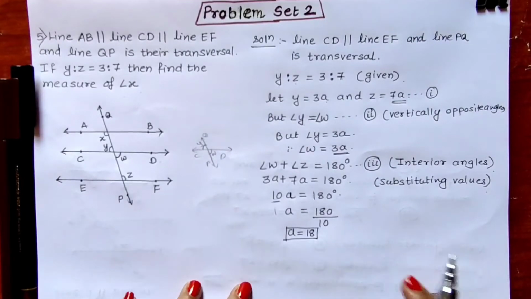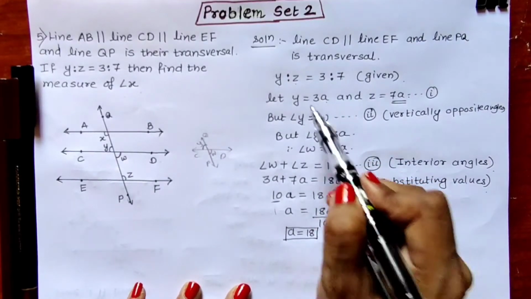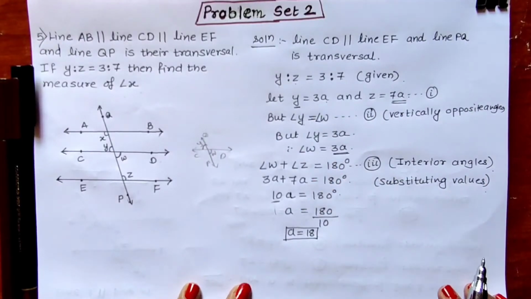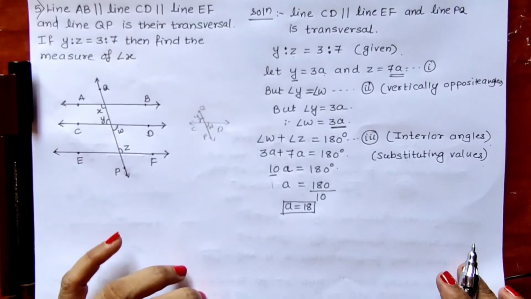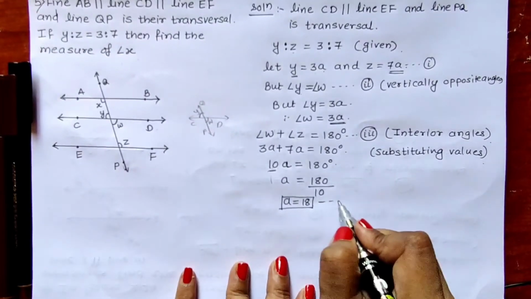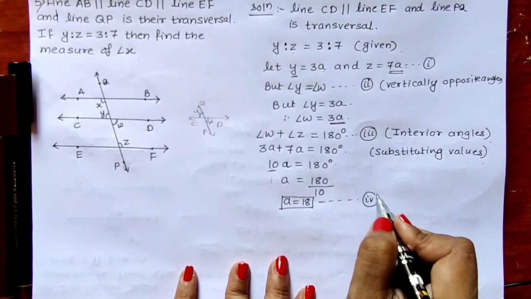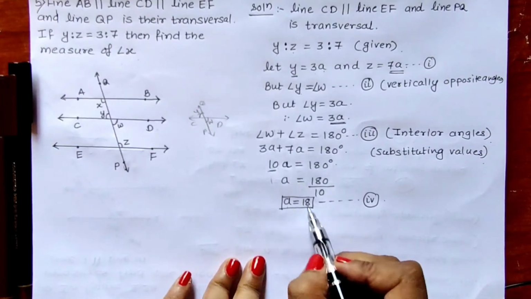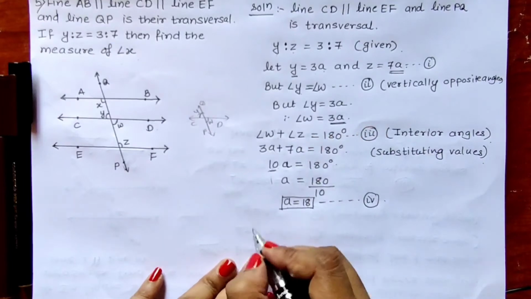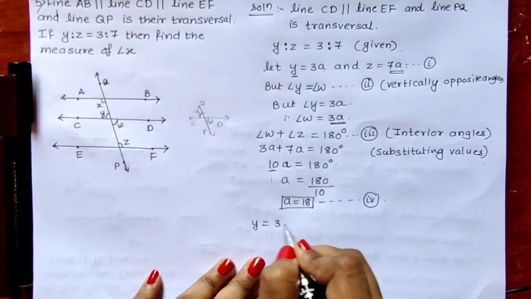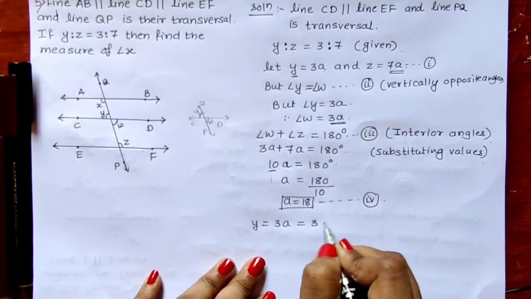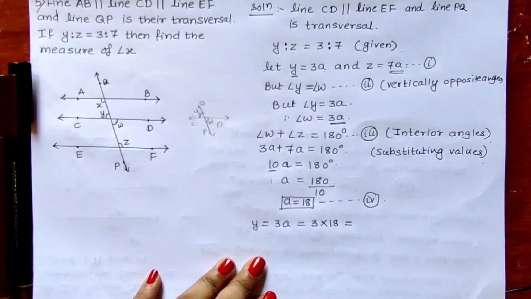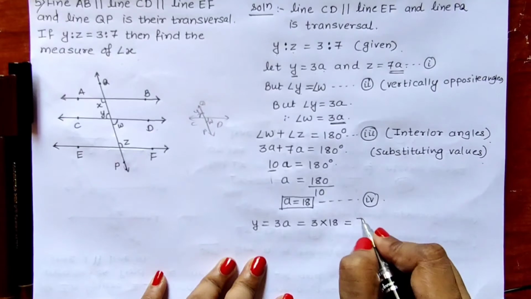So A is 18. From this A we can get the value of Y and Z. So let us write the value of Y and Z. This can be number 4, A value, and we will be substituting the value of A in 1. So Y is equal to 3A means what? 3 multiplied by A means 18, 3 times 18 is 54.